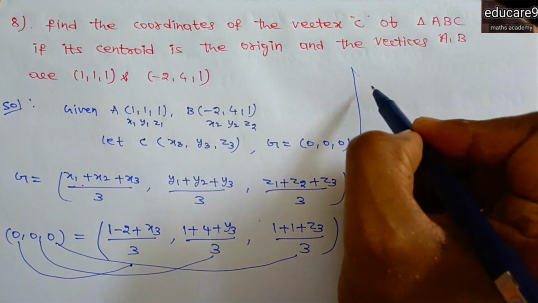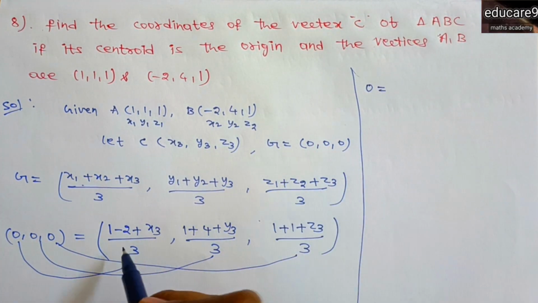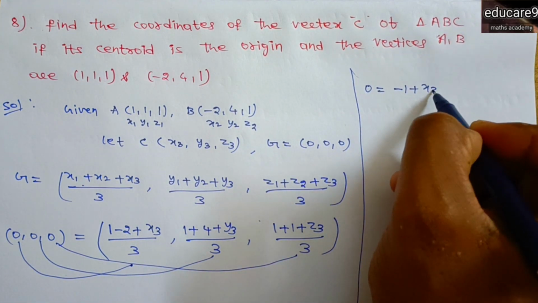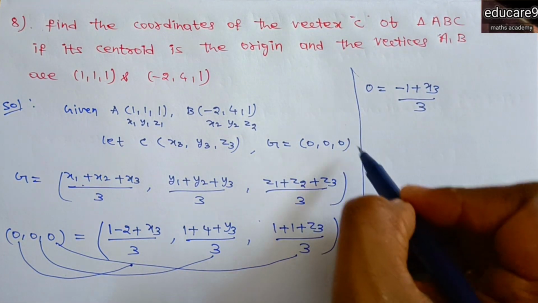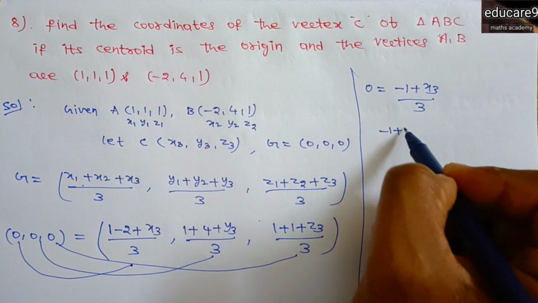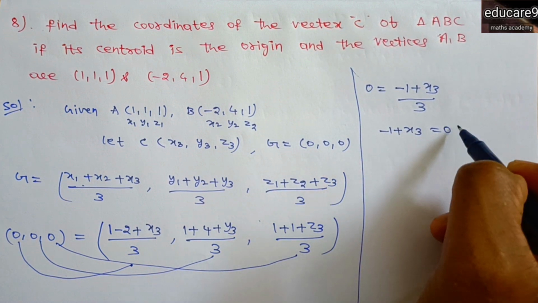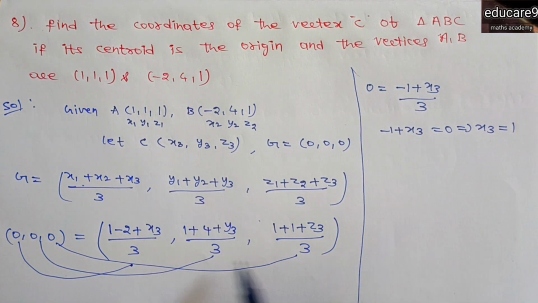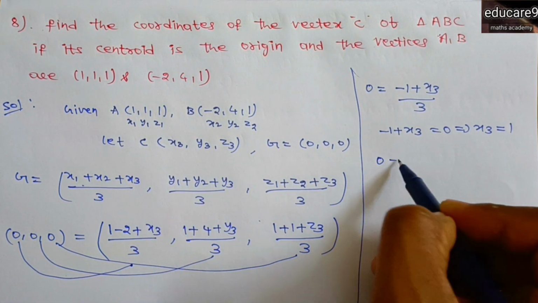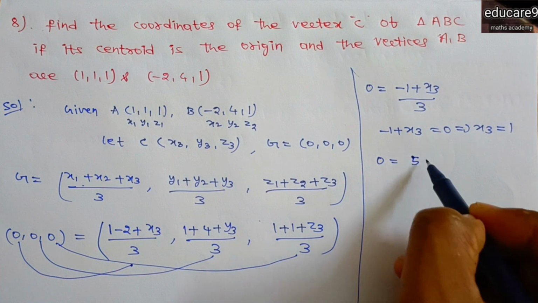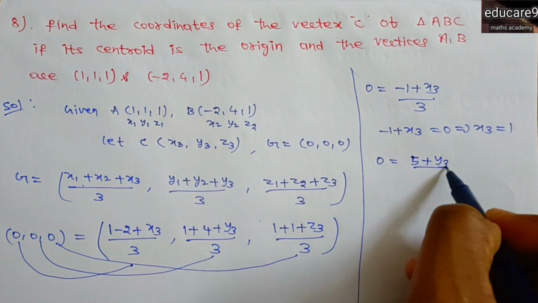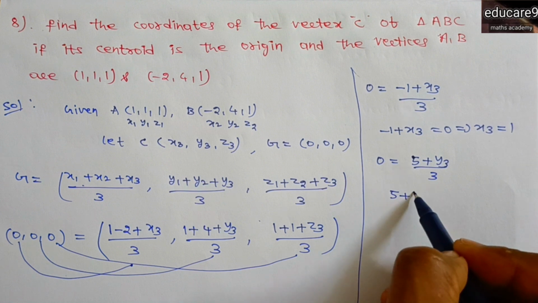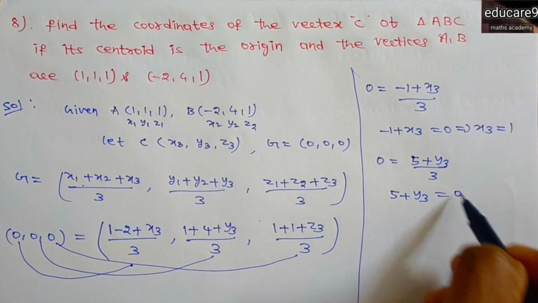So what is the x coordinate? 0 equals 1 minus 2 minus 1 plus x3 by 3. Cross multiplication: minus 1 plus x3 is equal to 0. From this x3 is equal to 1. Next, second coordinate: 0 equals 1 plus 4, 5 plus y3 by 3. Again cross multiplication: 5 plus y3 is equal to 0.